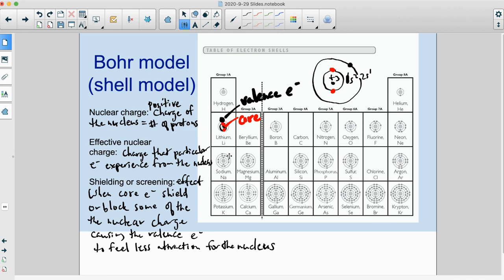That will explain some of the reactivity of these valence electrons, the ease with which they're removed sometimes, or the ease with which they're added. These concepts are going to come up in periodic trends.